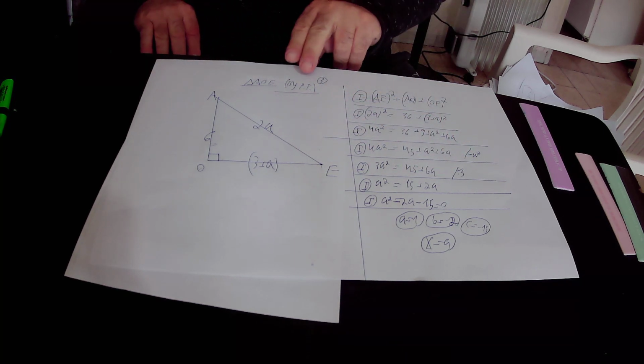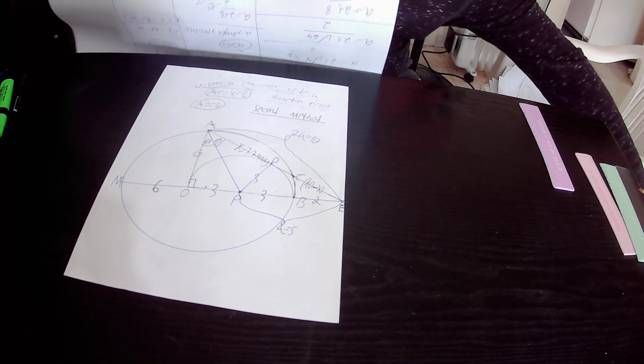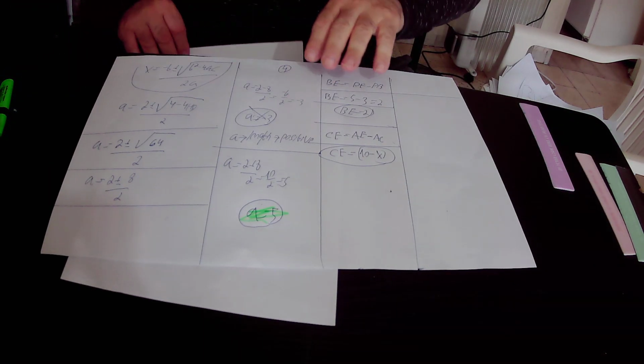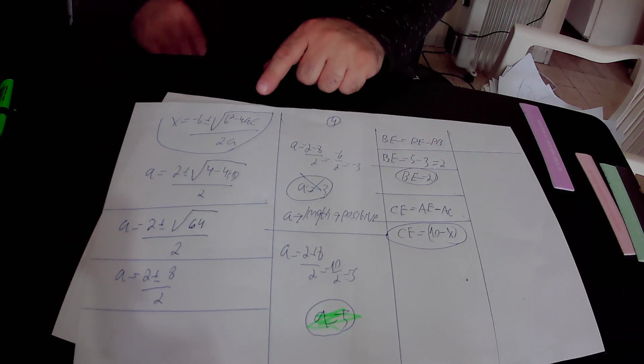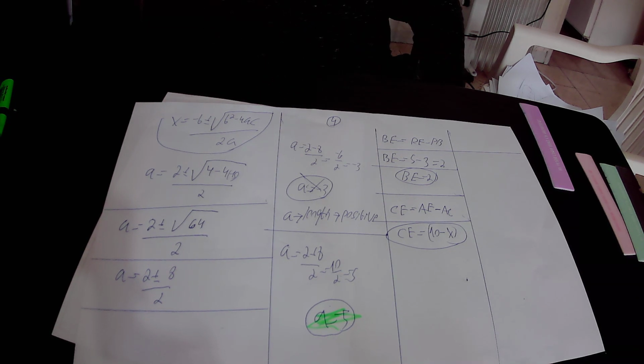The general formula to solve a quadratic equation is x equals minus b plus or minus the square root of b squared minus 4ac, over 2a.